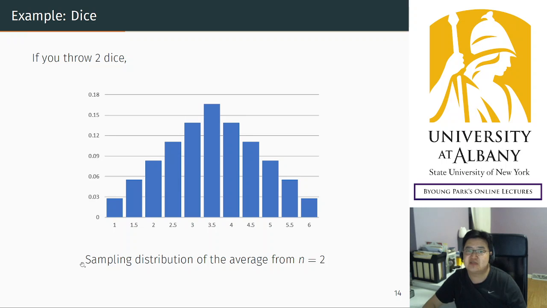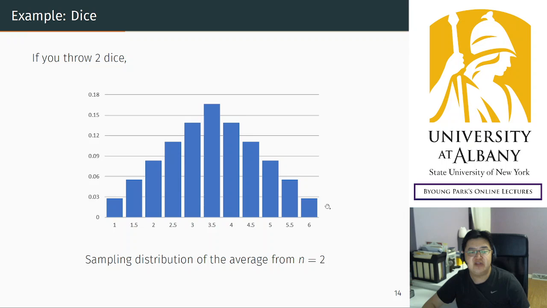I calculated that the probability of 6 is 1 over 36, and of 5.5 is 2 over 36. Like that, you can calculate probability at different points, or you can just write down all 36 possible cases and classify them into different averages. Then you will get this form.